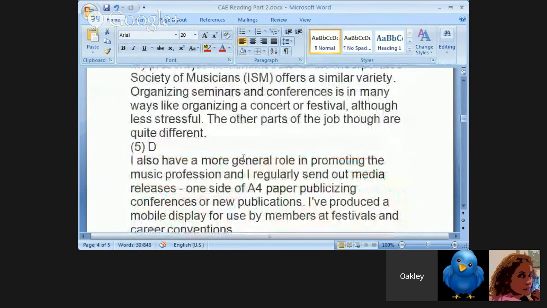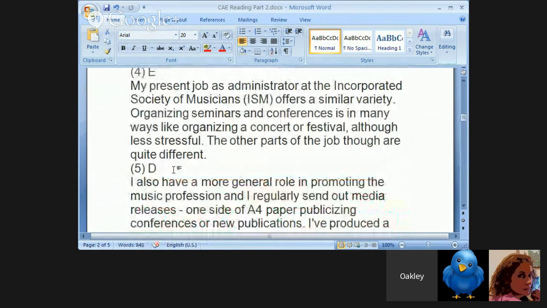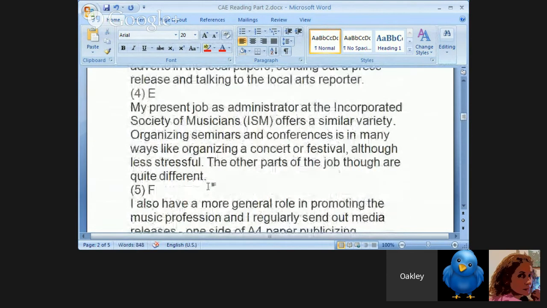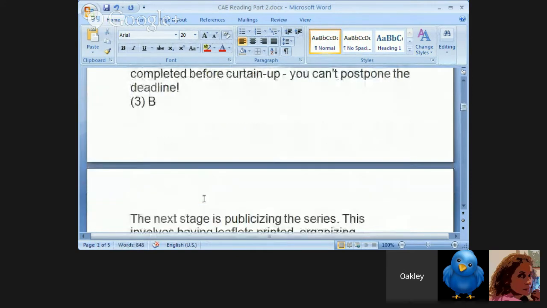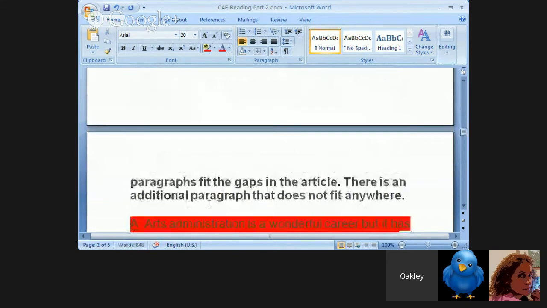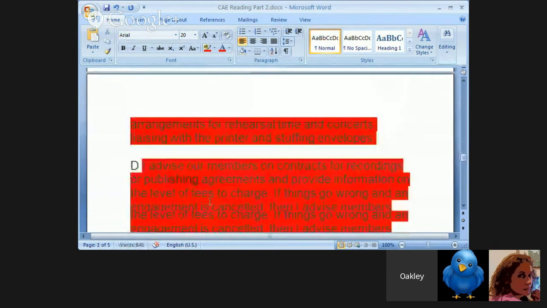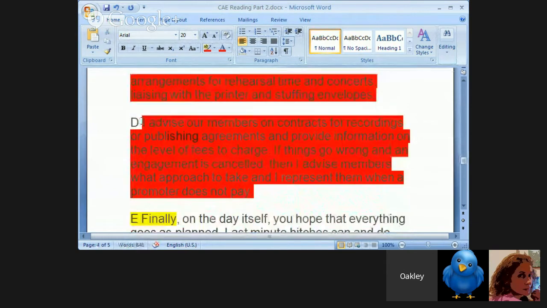You want to make 5 F? I don't really think that goes. Now D has to be where? But not 3, because he's talking. If things go wrong, then I advise members. The next stage is publicizing the series. No, I don't know. I don't know what to put.